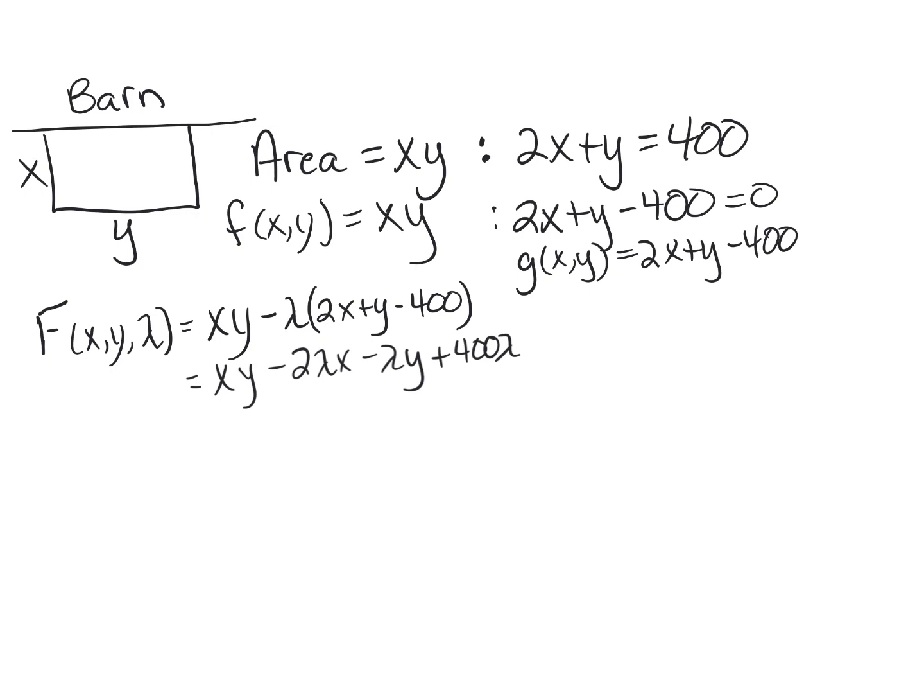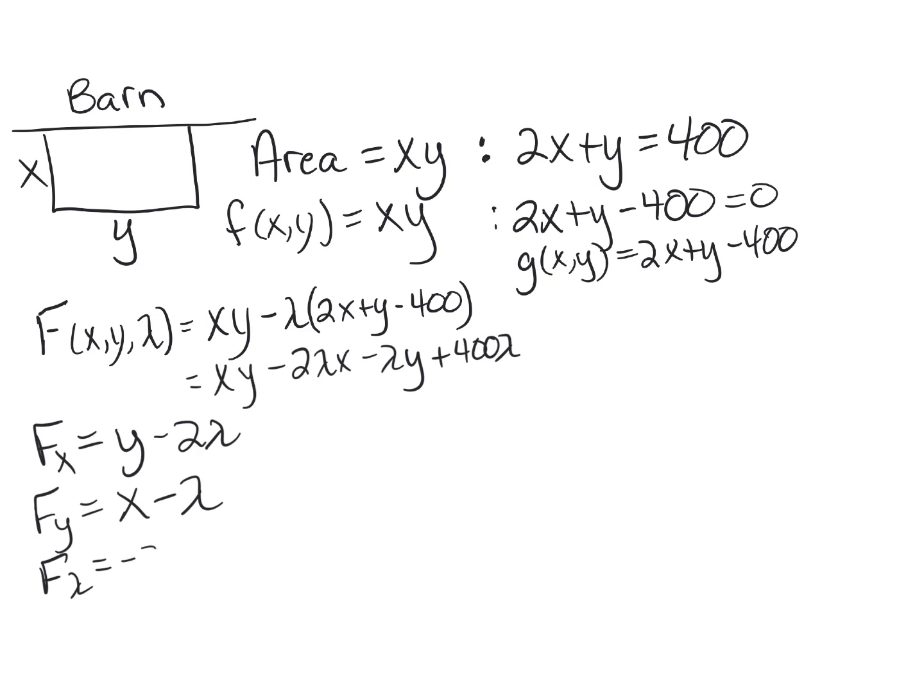So the next thing in this process is to find our first partials. So the partial with respect to x will be y minus 2 lambda. First partial with respect to y will be x minus lambda. And now we're going to find the first partial with respect to lambda. And watch what we get.